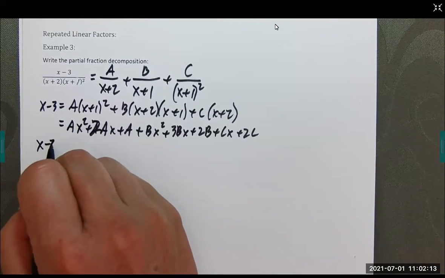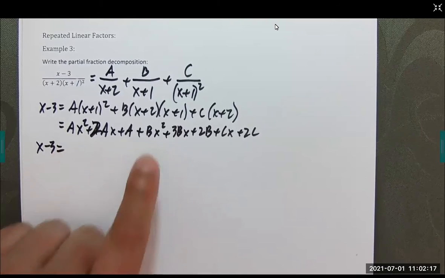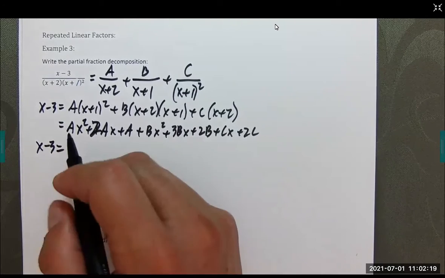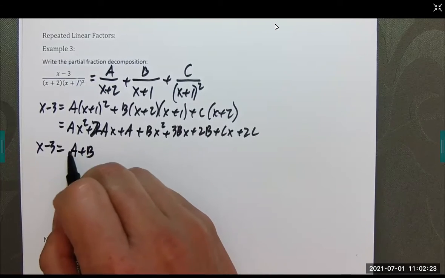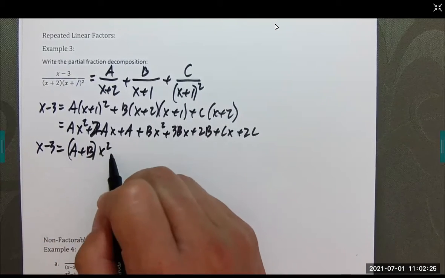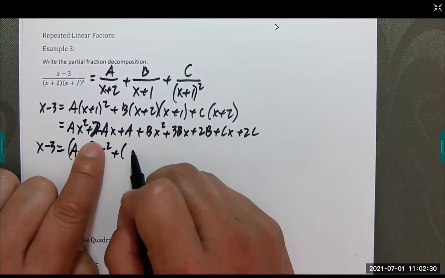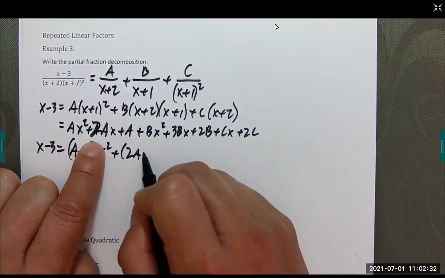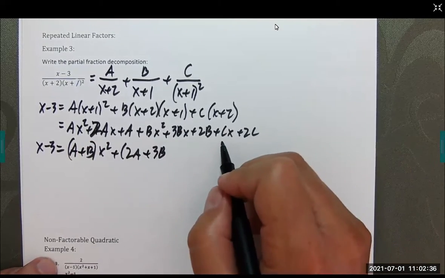And what we're going to do is gather our x squared terms together to get a plus b times x squared. And now we're going to gather our x terms. So 2a plus 3b plus c.